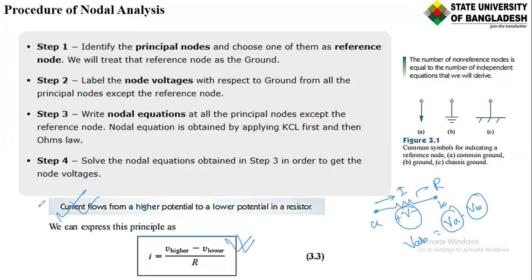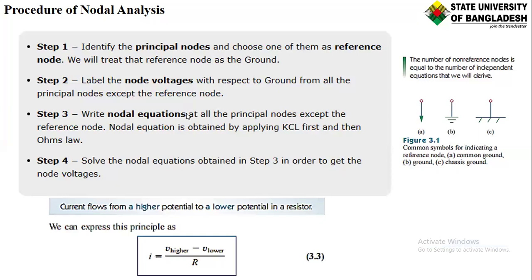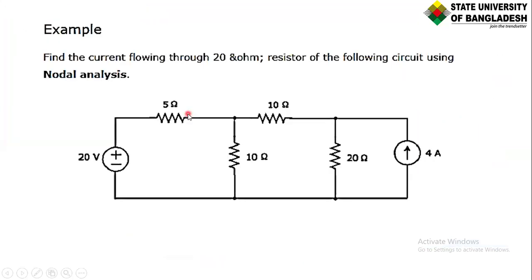So let's see. We will solve this very simple circuit. The question tells us to find the current flowing through the 2 ohm resistor of the following circuit. That means we have to find only the current that is going through this resistor.